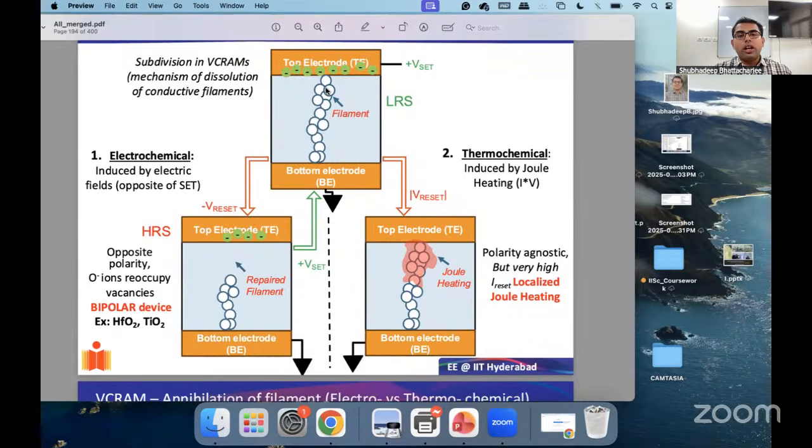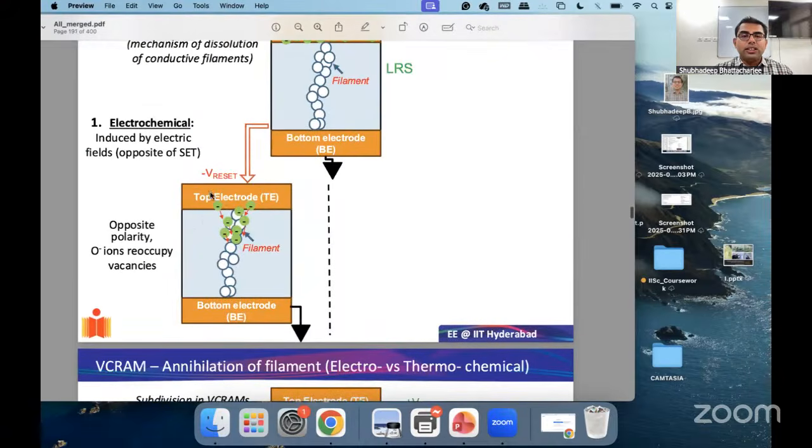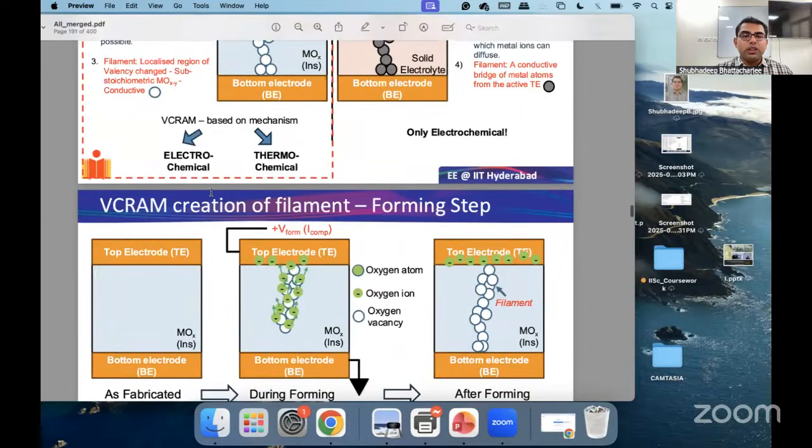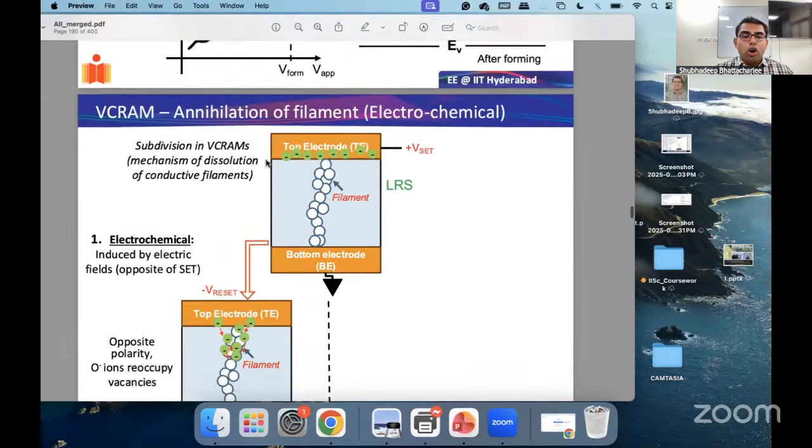In electrochemical, let's assume the bottom electrode is grounded and the set was done with a positive bias. What happened in set? If you see a few slides above, this is where it explains forming and set.